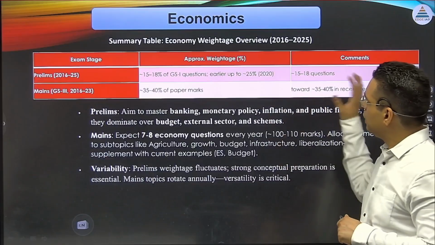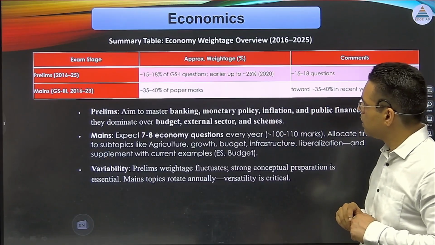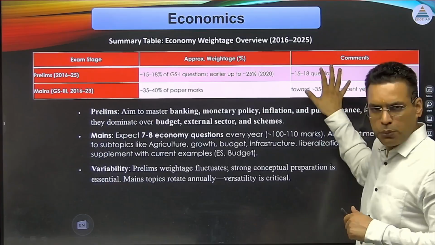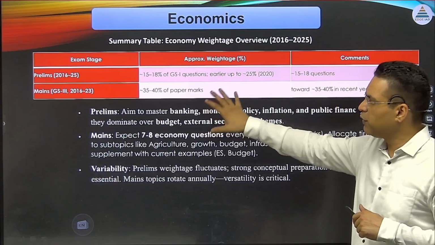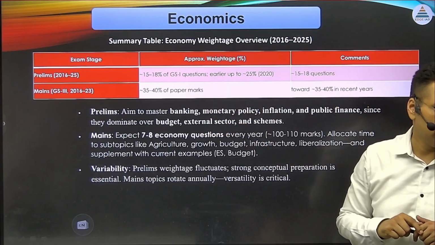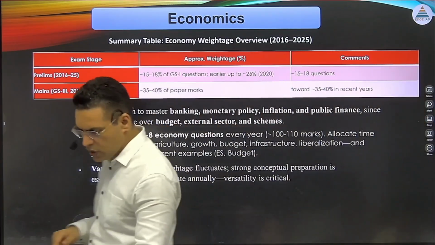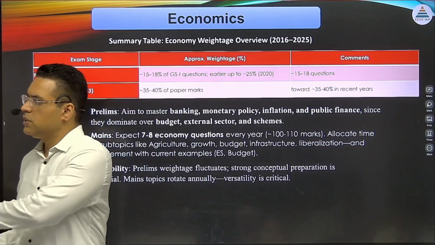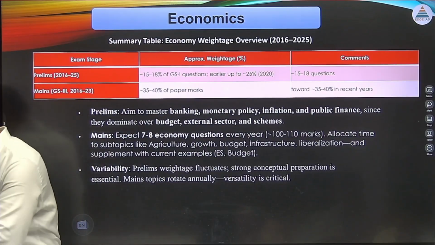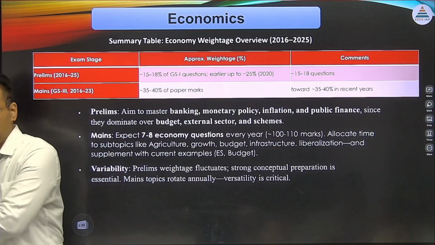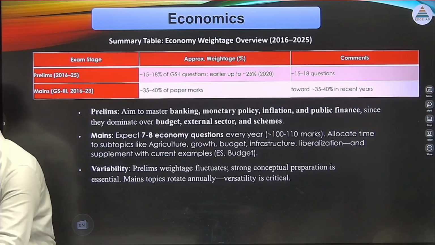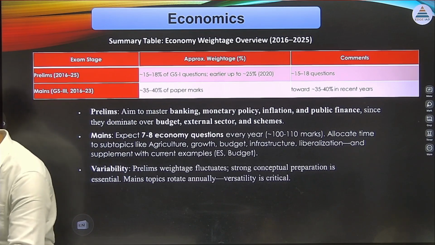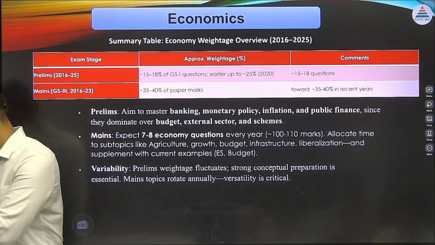Now if you look at the weightage of questions, on an average, as I mentioned, 15 to 18% questions are coming from the prelim section. In the mains section, 35 to 40% of the question paper comes from here. In mains we have GS3, and the GS3 economic section normally gives 100 to 110 marks every year. 100 marks out of 250 is around 40%, right?